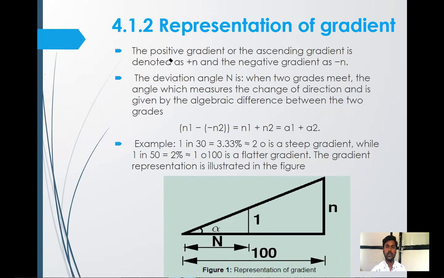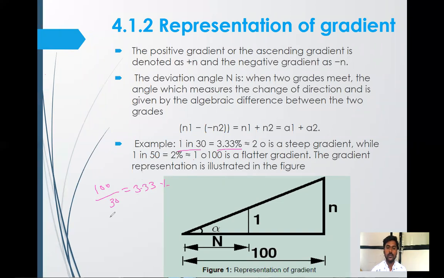Now we have seen the deviation angle. Now you see how this n is represented. For example, if there is a slope which is 1 in n, say 1 in 30, it is taken as 3.33%. 100 divided by 30 becomes 3.333%.